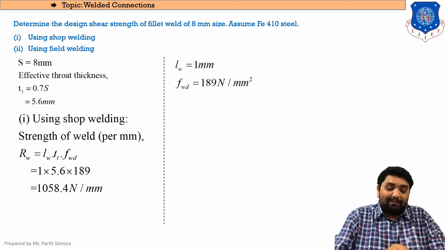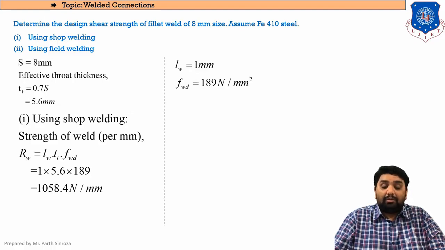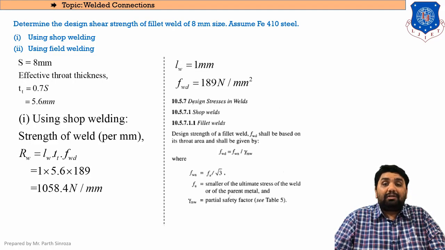So substituting here Lw equal to 1 mm, TT, that is throat thickness, will be 5.6 and FWD will be 189. Now how this FWD 189 came? For this you need to refer your IS code. Clear? Page number 79, clause number 10.5.7. Here you can see the equation is mentioned, FWD equal to FWN upon gamma mw, and FWN can be seen here Fu by root 3. Clear?